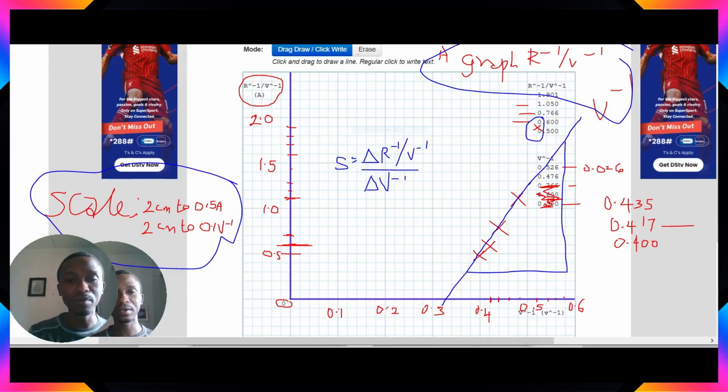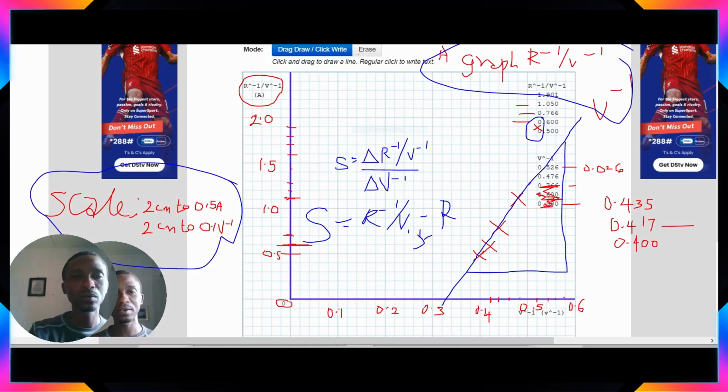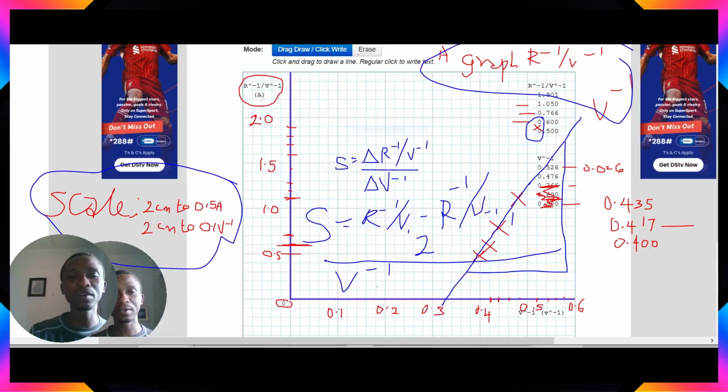And that will give me S, which is the slope, equals R inverse over V inverse 2, which is the highest value, minus R inverse over V inverse 1, then everything over V inverse 2 minus V inverse 1. So that's the formula.